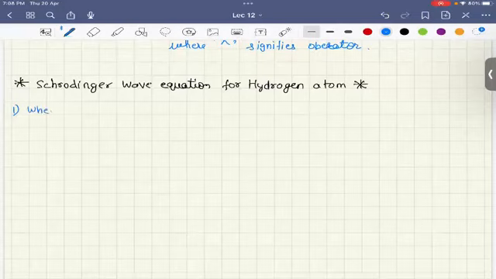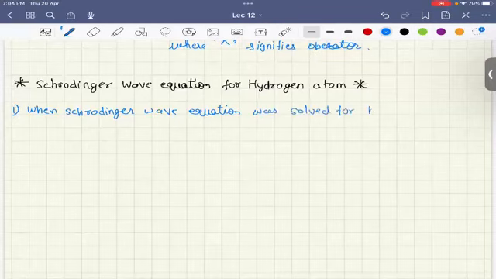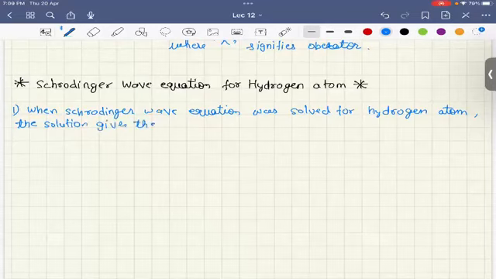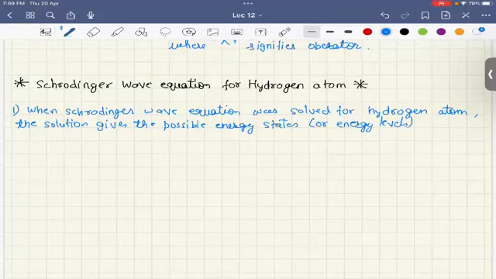So let us write this down. When the Schrodinger wave equation was solved for hydrogen atom, right? The solution gives the possible energy states or energy levels that an electron can occupy, right?